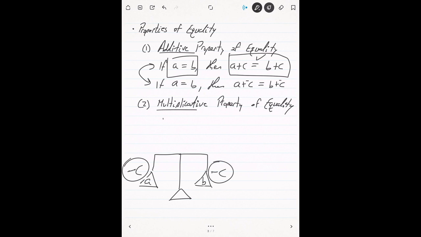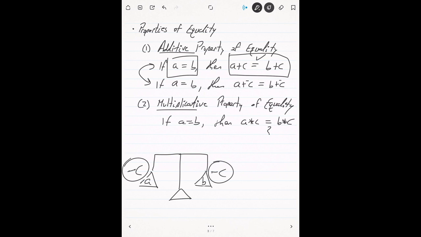If you are working with an equation, A equals B, you know two things are equal to each other, then what would happen if you multiply both sides of the equation by the same number? Would it stay equal?